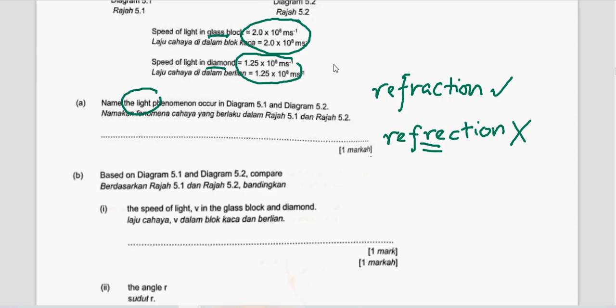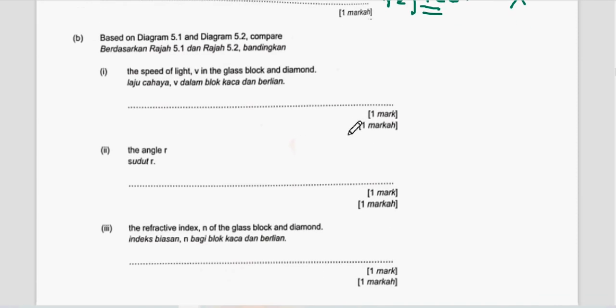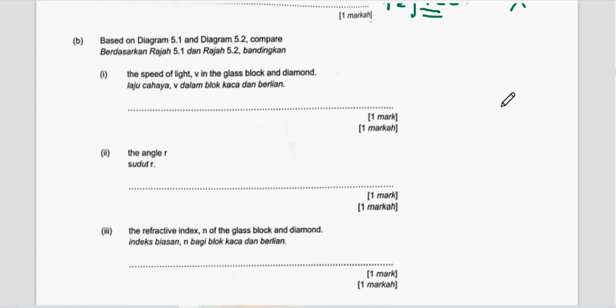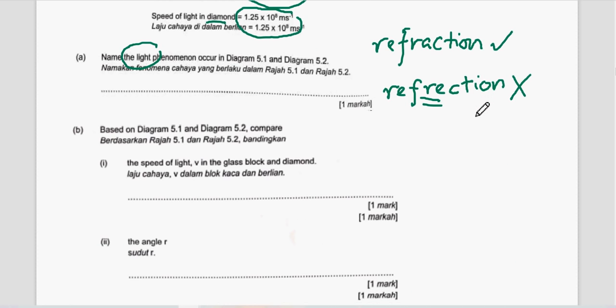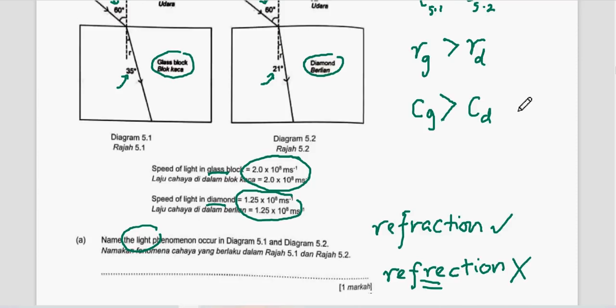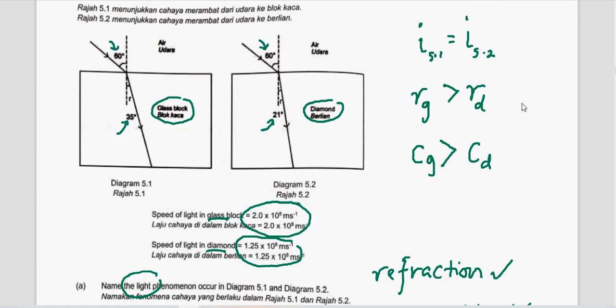Now, based on diagram 5.1 and 5.2, compare the speed of light, the angle, and the refractive index. Write directly following what I wrote just now. The first one is the speed of light in the glass block and diamond. So you can write: the speed of light in the glass block is bigger than the speed of light in diamond.